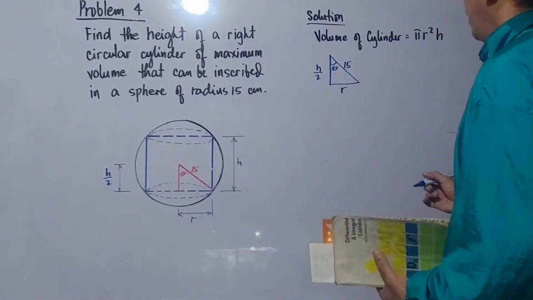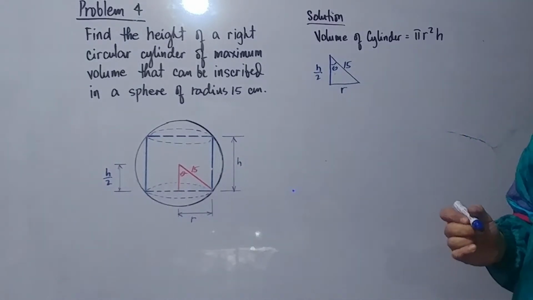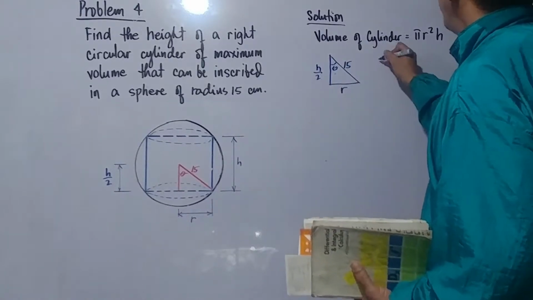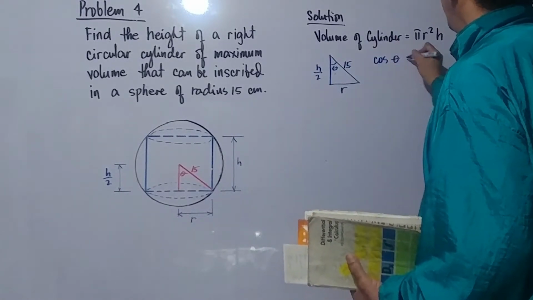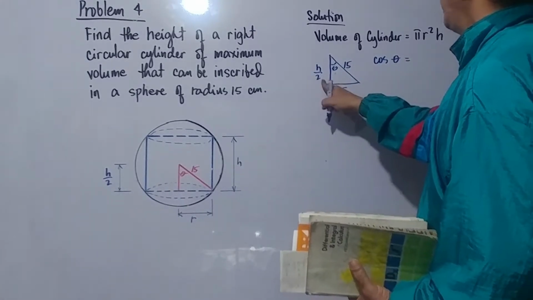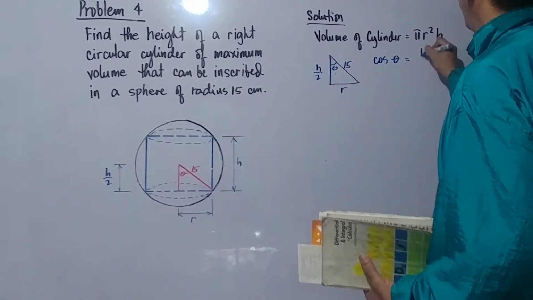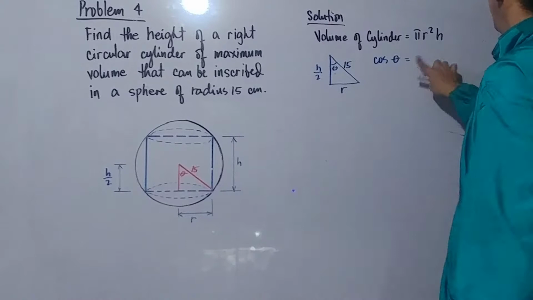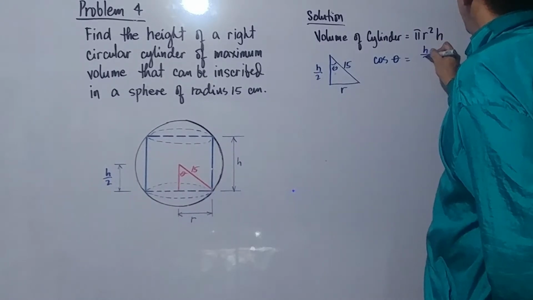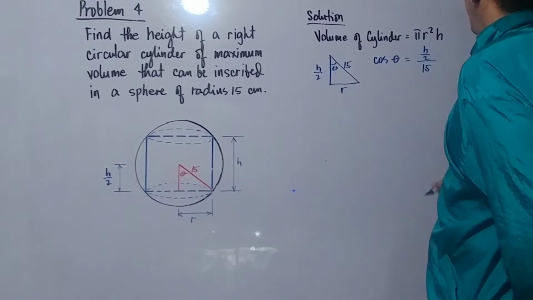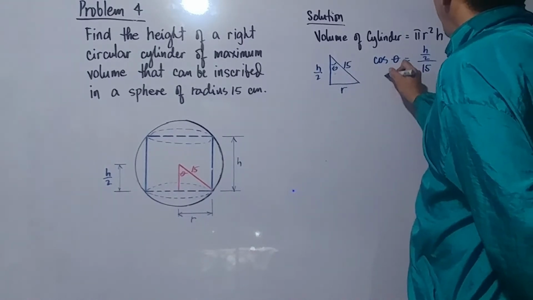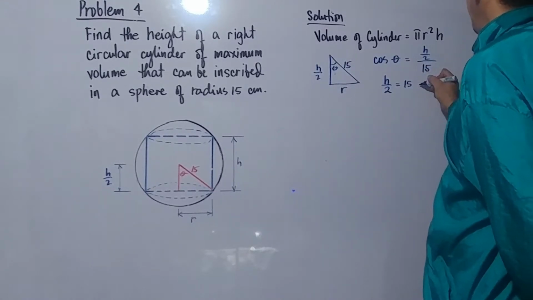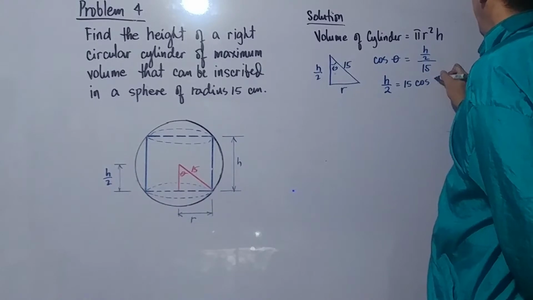So we can see now that cosine theta is adjacent over hypotenuse, or we have now h over 2 equals 15 cosine theta.